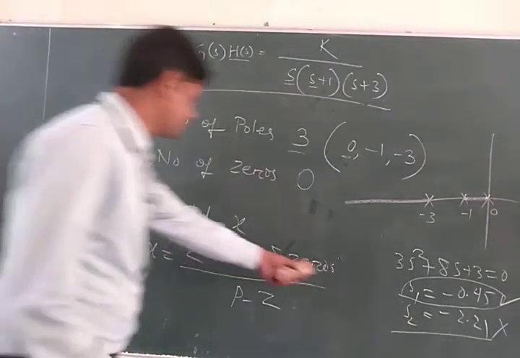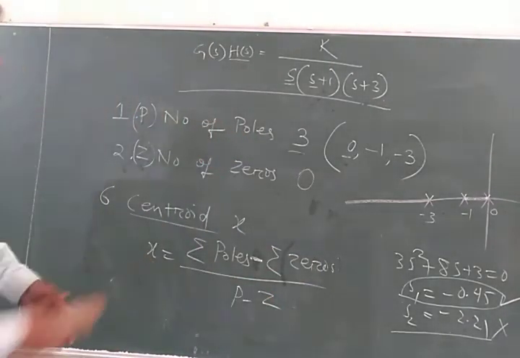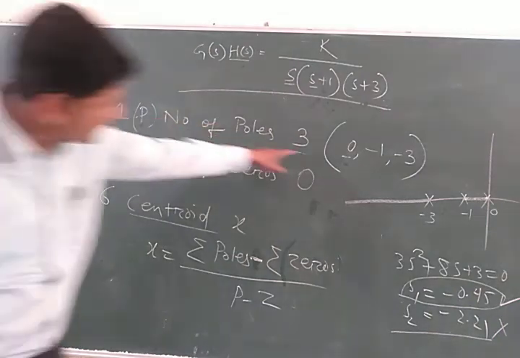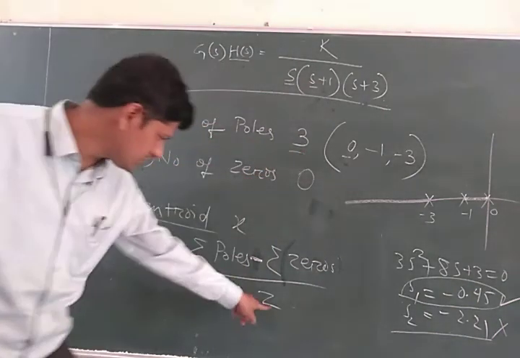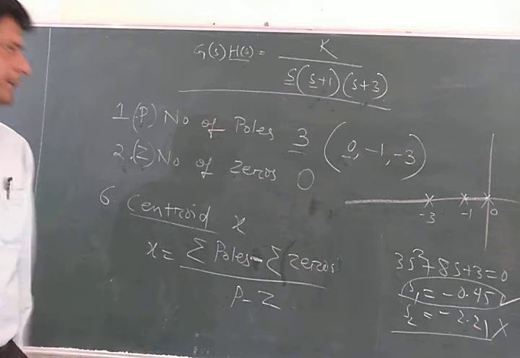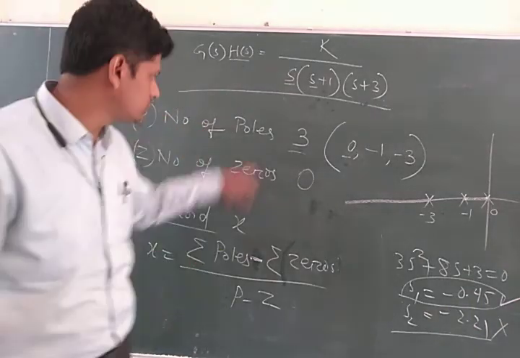So what are the poles, zeros, p and z? P is 3, z is 0, so p minus z becomes 3 minus 0 equals 3.